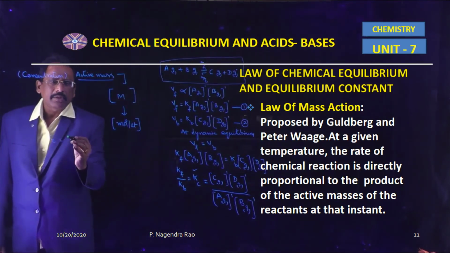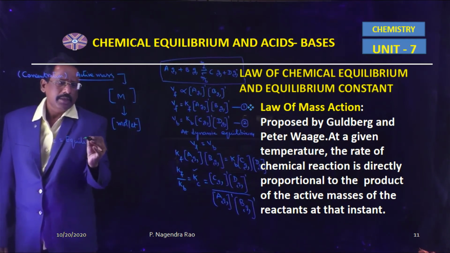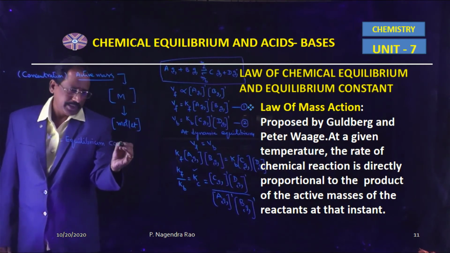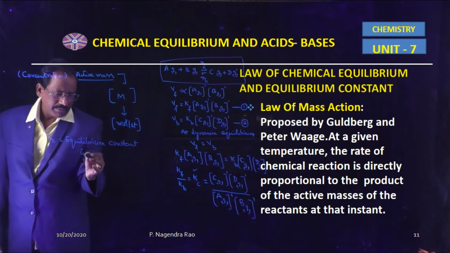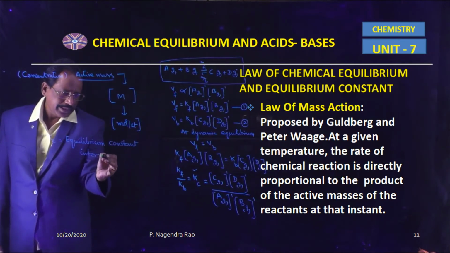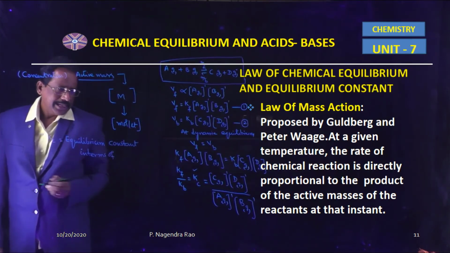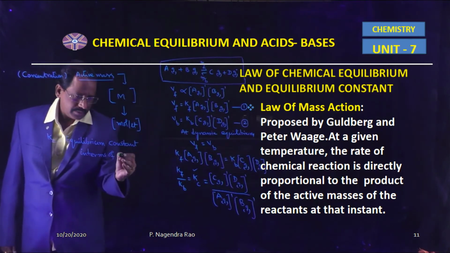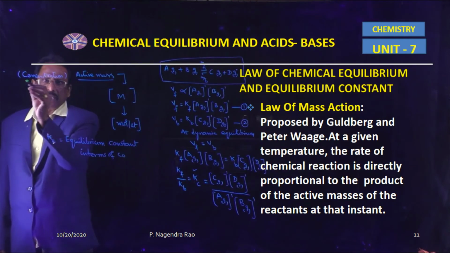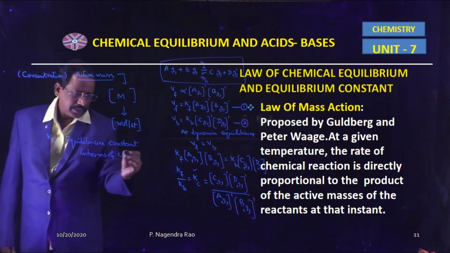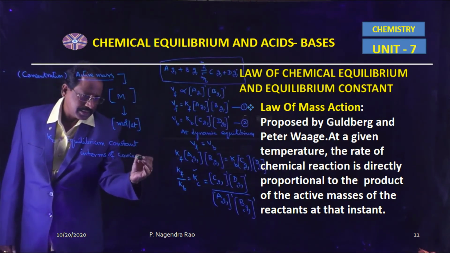Now Kc, in this dynamic equilibrium reaction, is the equilibrium constant in terms of concentration, that means in terms of active mass.